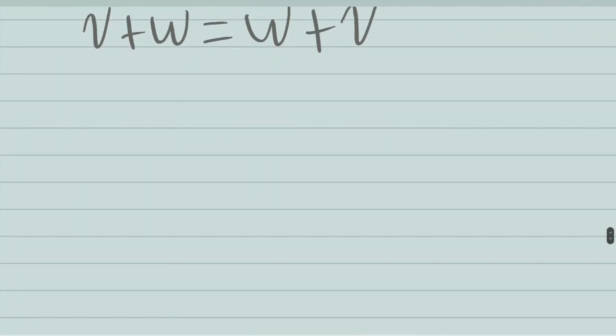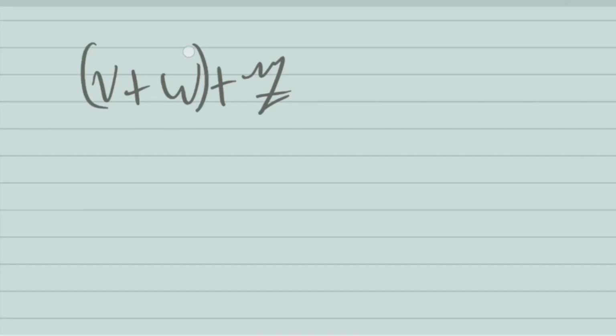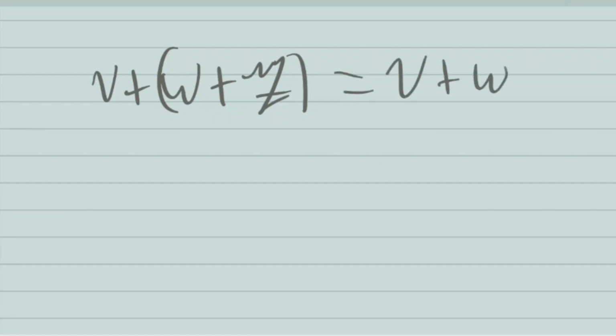And that's commutativity. And then there's associativity, which says that if you have three vectors in your vector space, say V, W, and Z, it doesn't matter how you group these parentheses here. The resulting vector should be identical.